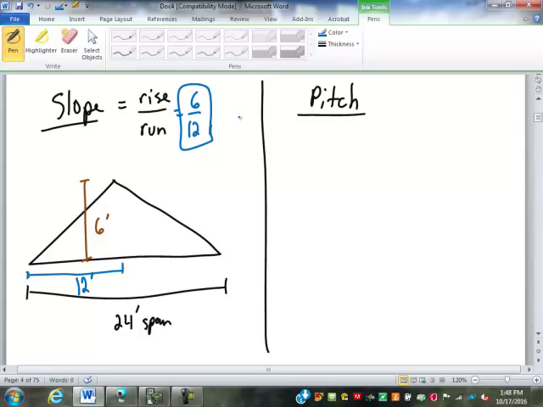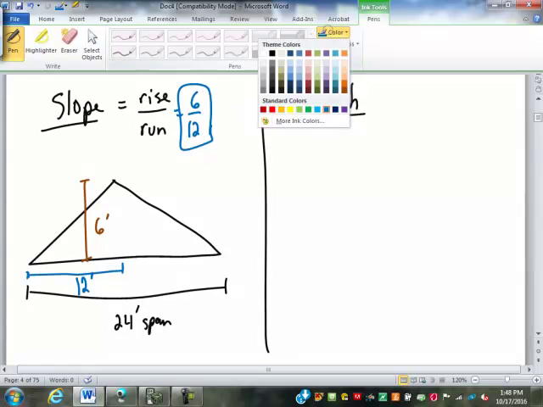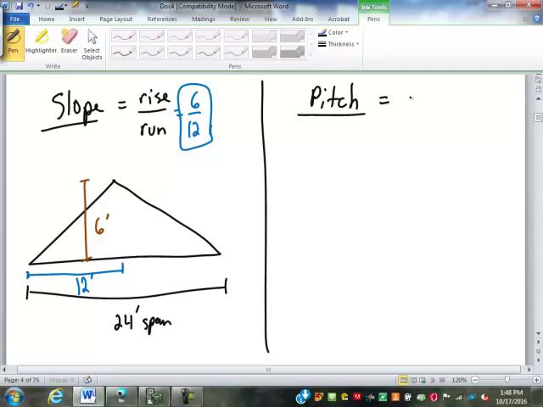Now I made the run be 12 there so it was easy so we didn't have to adjust the fractions. We'll look at that in a little bit, how we do that if we had to. Pitch is rise over span.